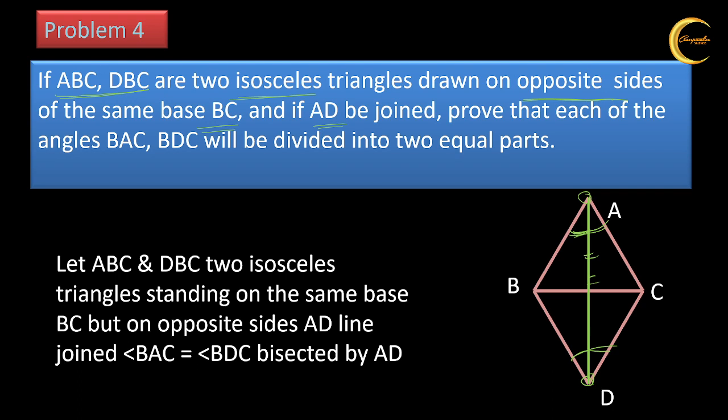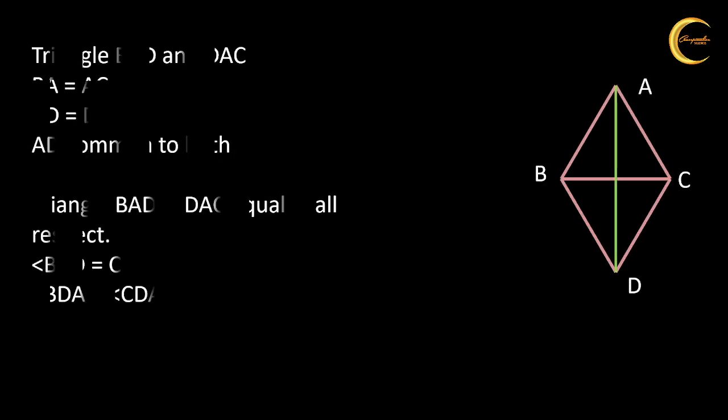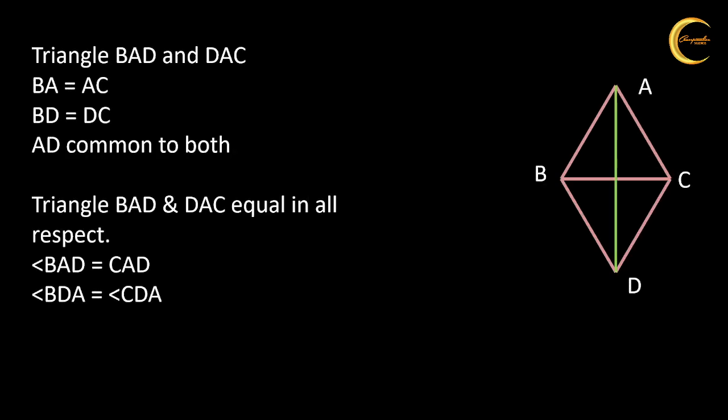Now you see two triangles have been formed here: one is triangle ABD and another is triangle ACD.